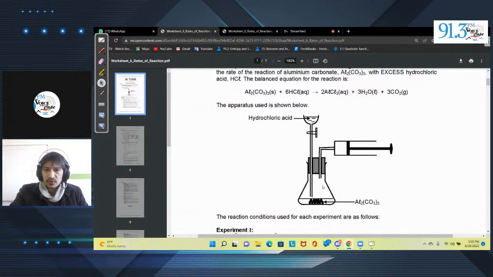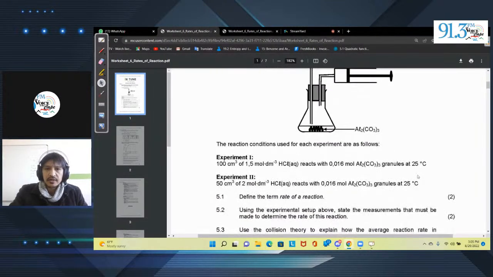That gas is going to float up, go through this tube, into the syringe. The gas is actually going to do work, and the particles are going to create a pressure as they enter here, and it's going to push the plunger up as it fills up with gas. That's essentially going to tell us how much carbon dioxide gas we have collected in terms of volume.